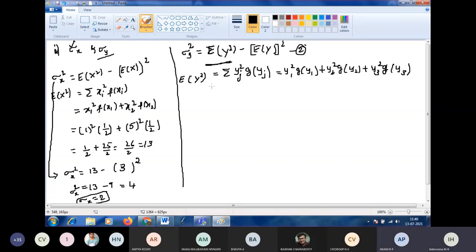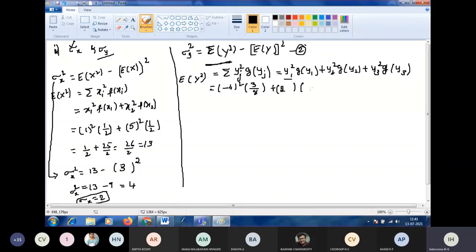No, ma'am. Now tell me what is y1 in the table? -4. -4 whole square into g of y1. What is g of y1? 3/8. Plus what is y2? 2.